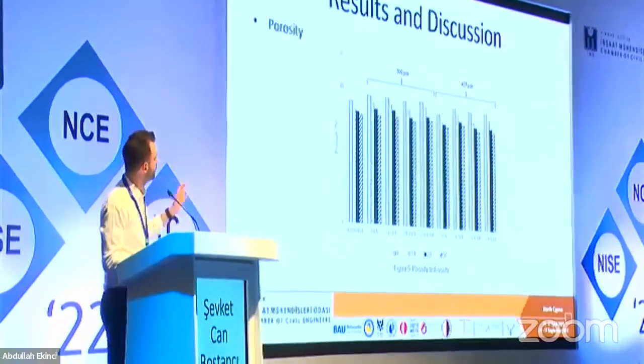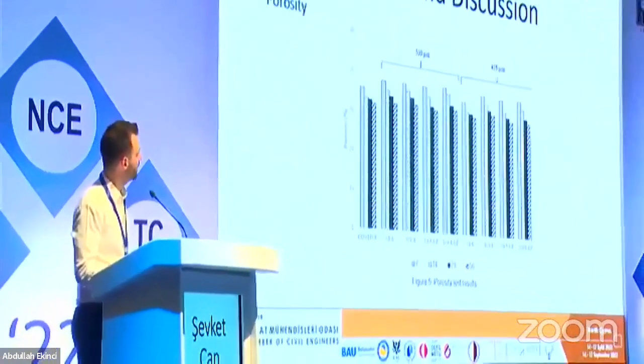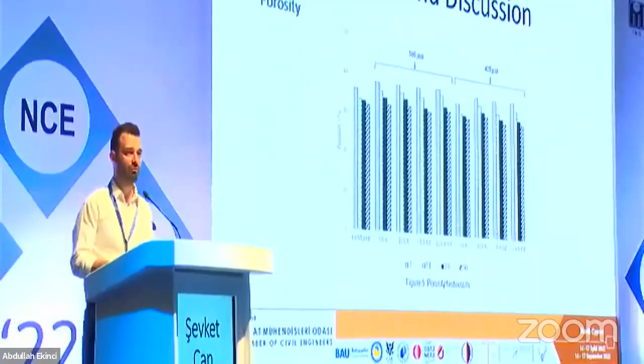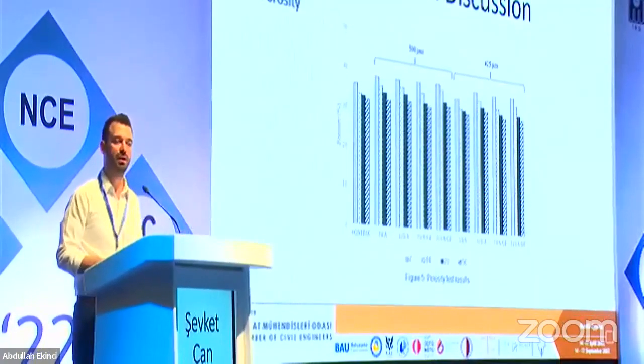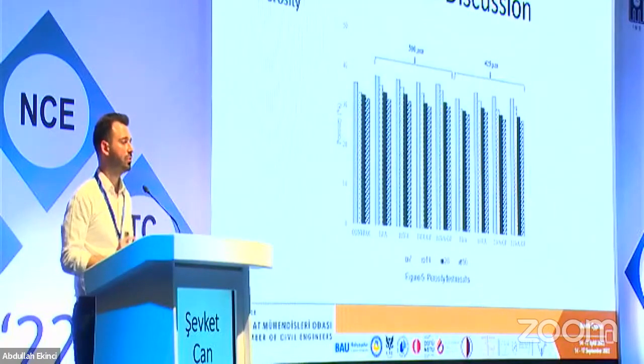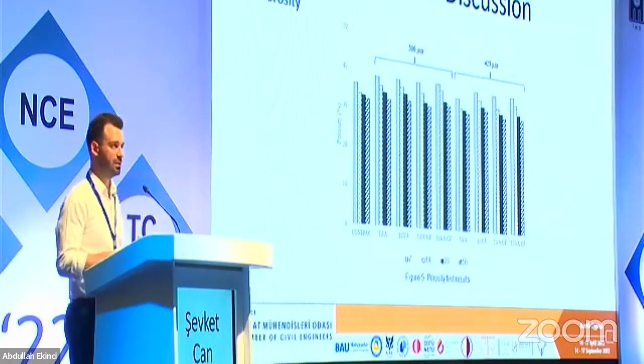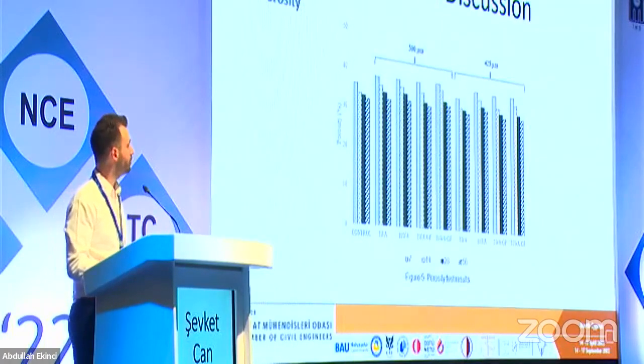When we utilize the wood ash, it increased the porosity at the very early ages. However, due to pore refinement, which is also supported by the strength test values, porosity values were similar or slightly higher compared to the control mix. So there's no really major drawback from the wood ash utilization.